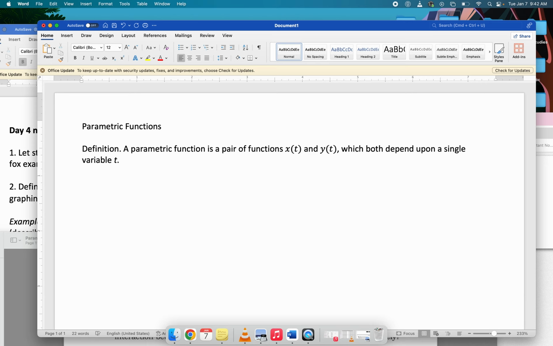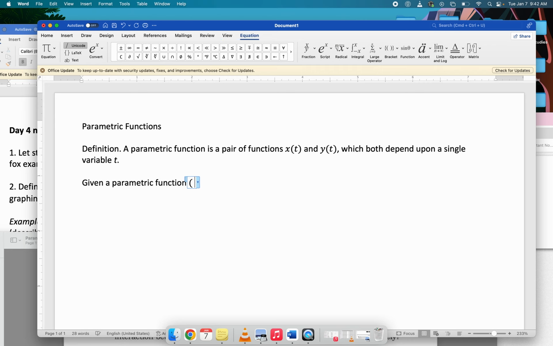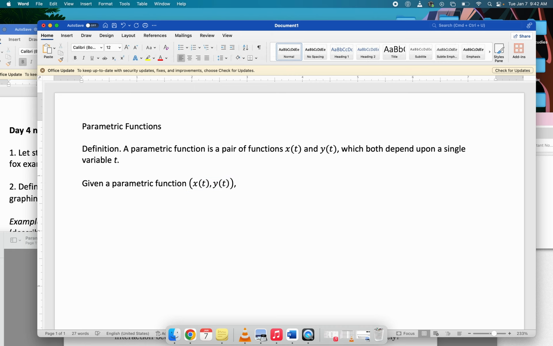Now, I said that parametric functions are a new way of describing graphs. So I want to talk about how you graph a parametric function. So given a parametric function, sometimes, by the way, people put the x of t and the y of t in parentheses, like this.